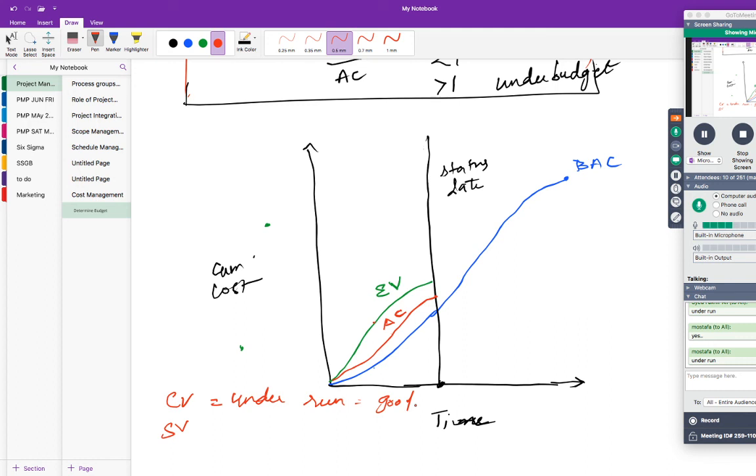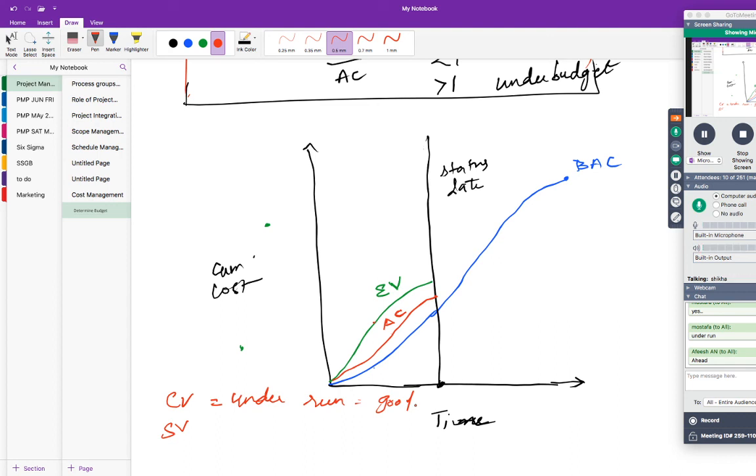Schedule variance, how do you term it? There is nothing called overrun in schedule variance. How do you call it? Behind schedule or ahead of schedule? Ahead of schedule. Right, you're ahead of schedule.